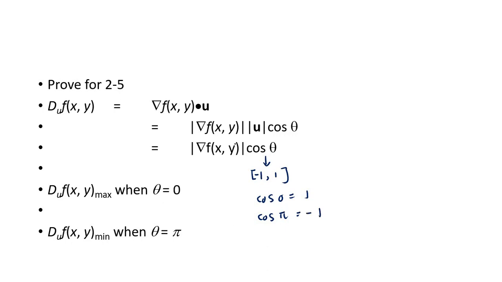That's why the directional derivative has values from the minimum, negative the magnitude of the gradient vector, to the maximum, 1 times the magnitude of the gradient vector.